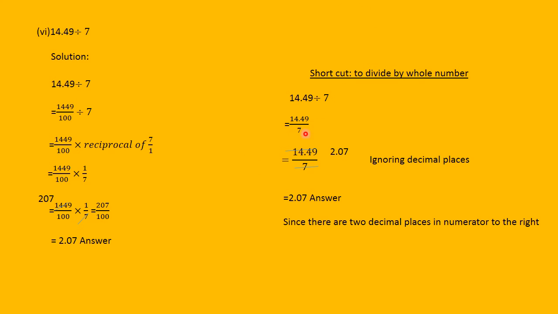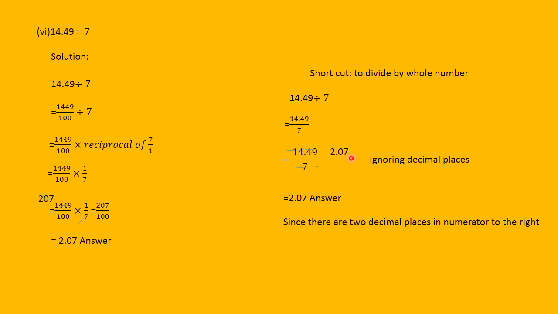You can do this directly also. 14.49 divided by 7. Just ignore the decimal point. Then it becomes 1449, normal division. 7 twos are 14. Then 4 we have, but 4 doesn't go with 7 because 4 is less than 7. So you write 0. Then it becomes 49. 7 sevens are 49.